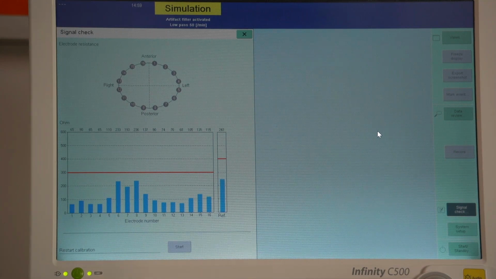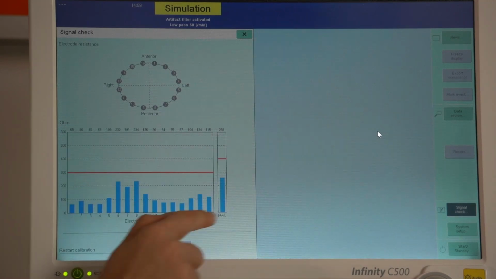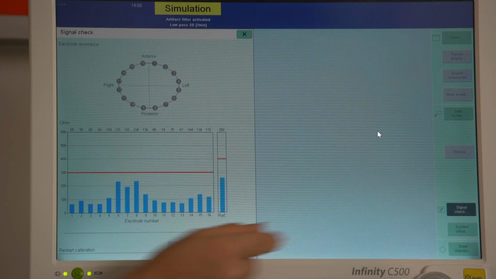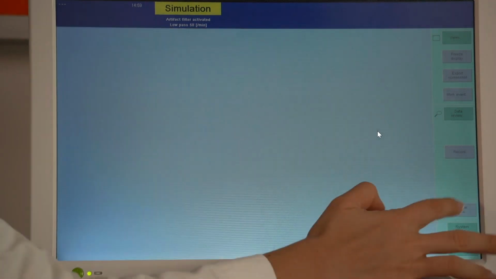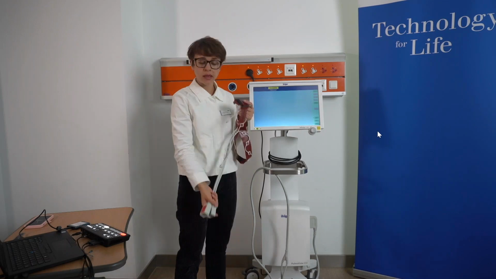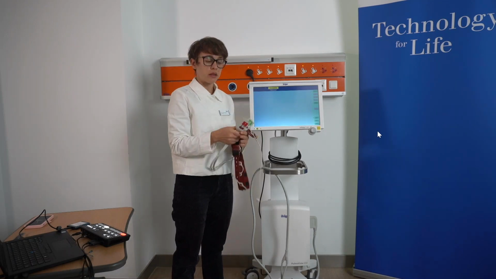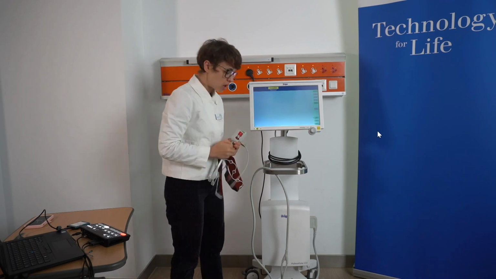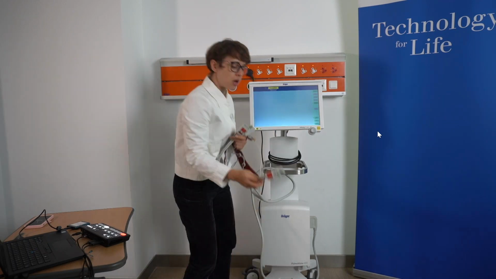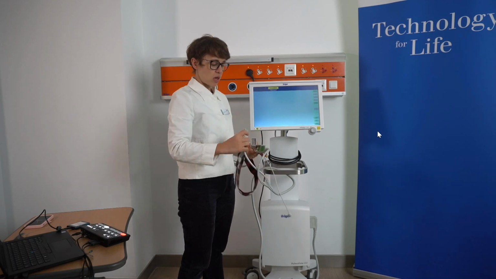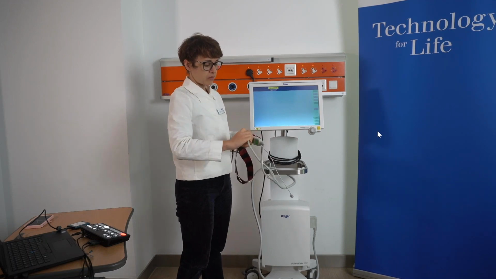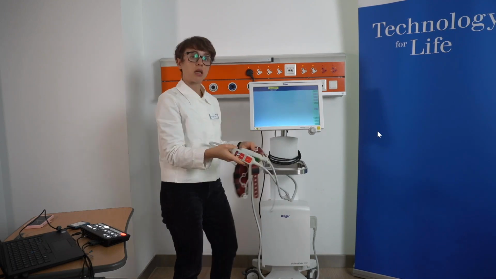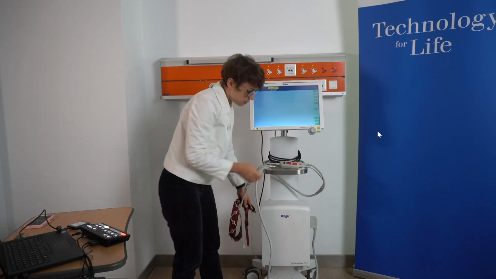So we need to either add a little bit of ECG gel or just a little bit of water to ensure better conductivity. Once you have checked the signal and ensured that all electrodes are positioned correctly, we can connect the patient belt to the device. As I already mentioned, you connect the right to right, and the left to left. And that's basically it, we are now ready to perform the measurements.